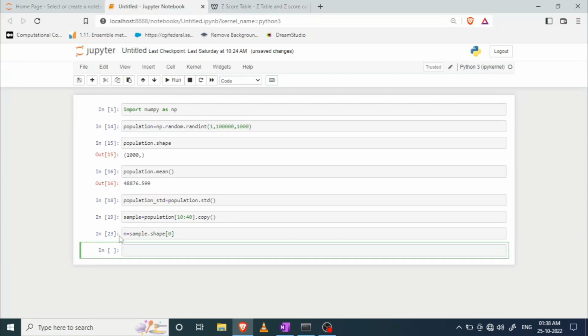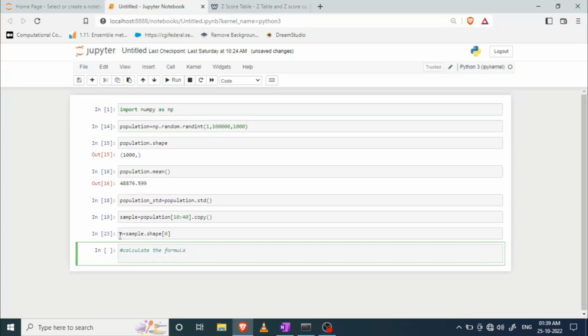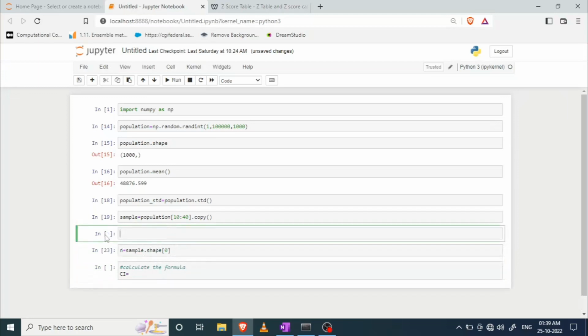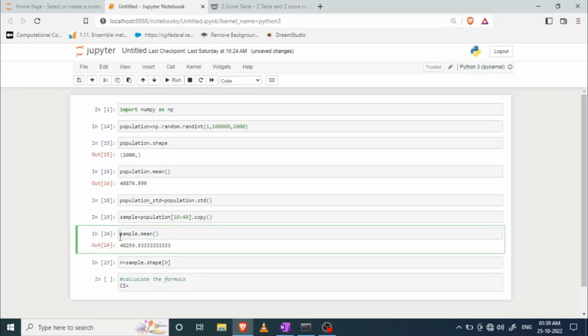Now we are going to calculate the formula here. Okay, so here I'm going to calculate the confidence interval. For this we are going to calculate the sample mean first, which will be the x bar for us.